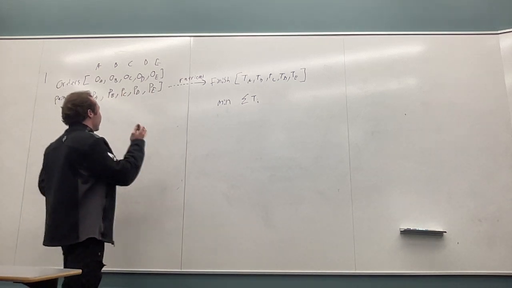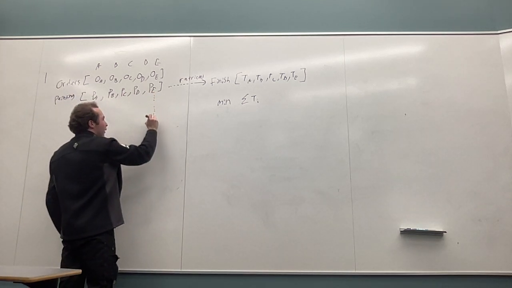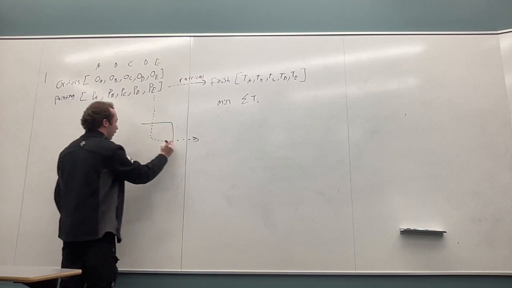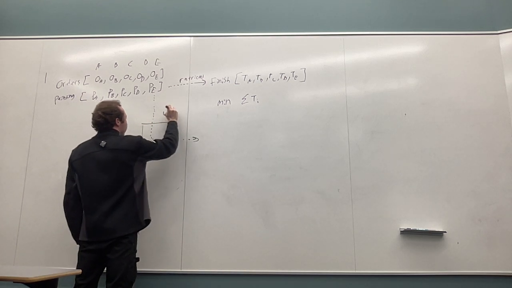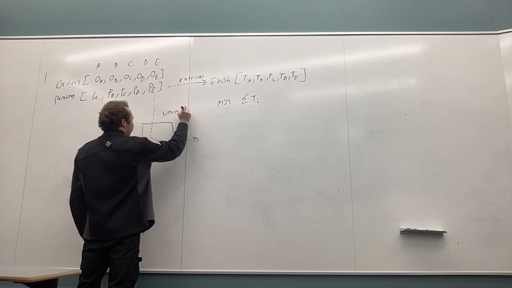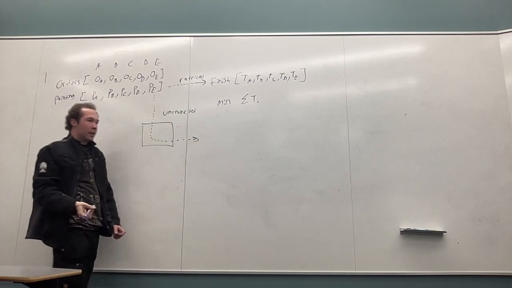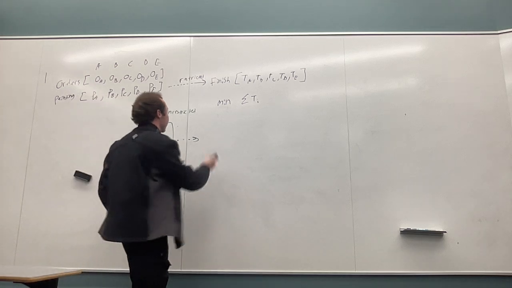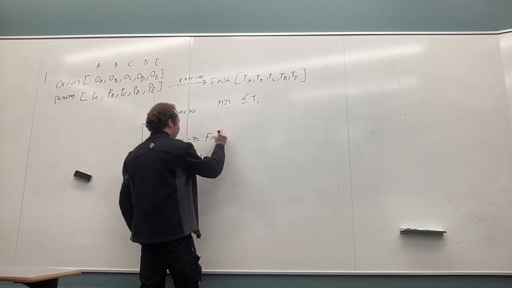The idea is that we have this unrestricted black box that we're going to chug these things into, and it's going to give us a different finish list.